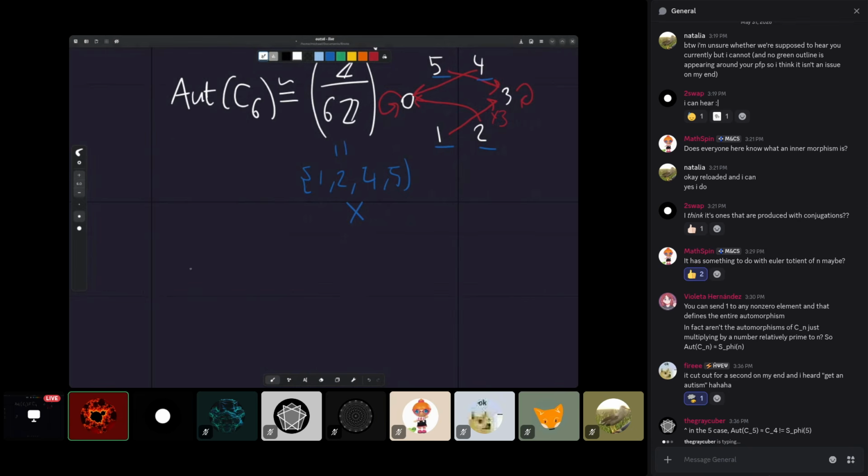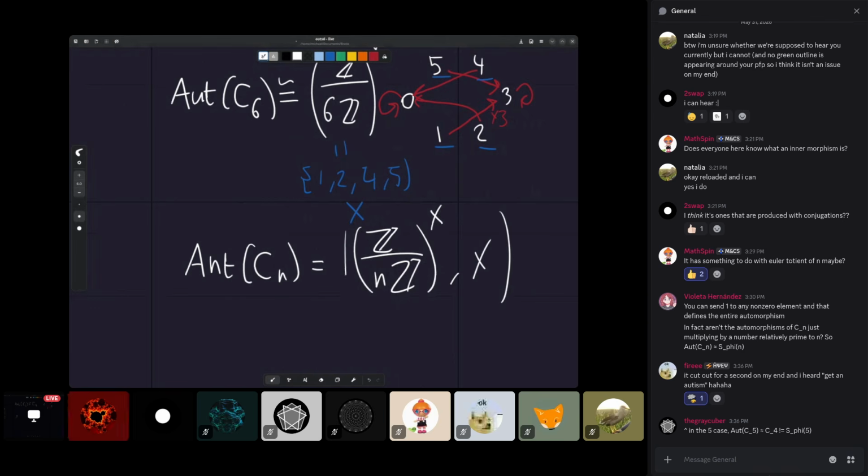In general, the same thing happens. The automorphism group of Cn is the integers mod n, co-prime to n, and then you take multiplication as your operation.